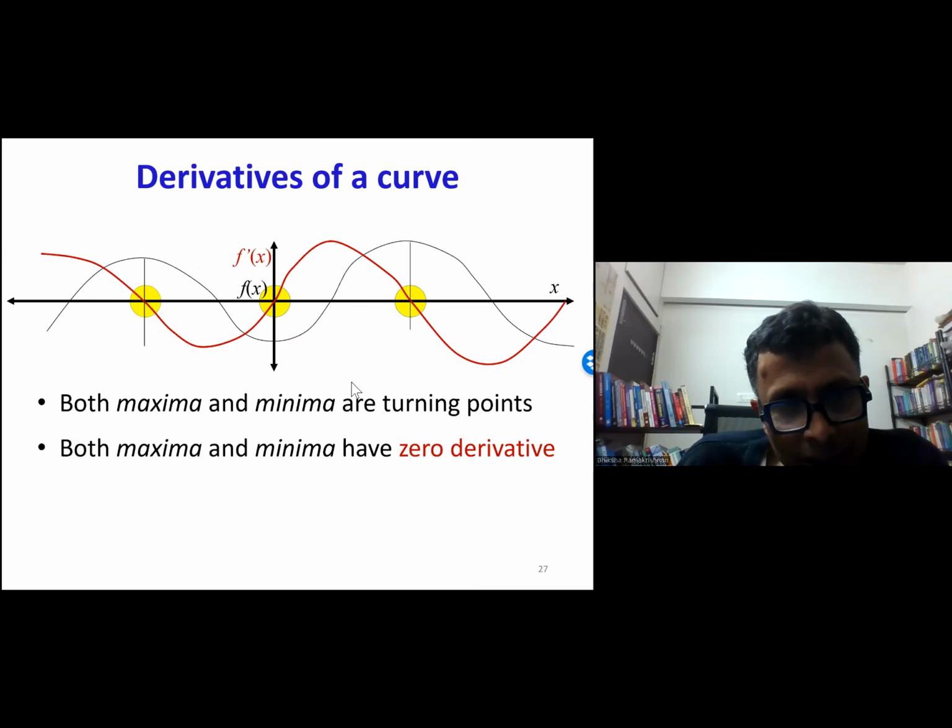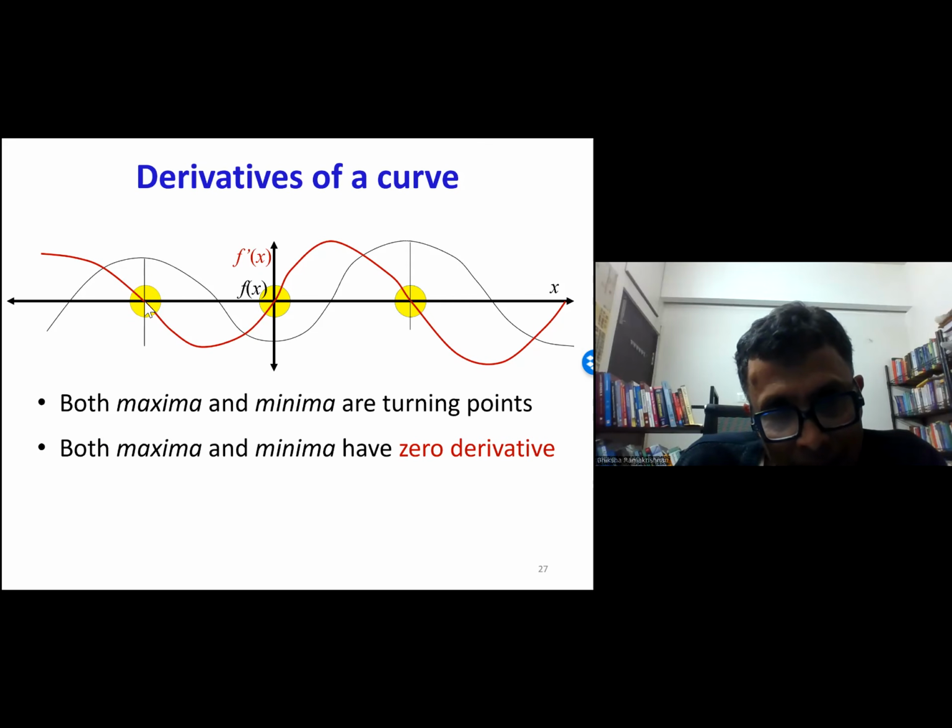This red curve plots the actual derivative of the function. Here the function is increasing until the maximum. If the function is increasing, will the derivative be positive or negative? It's going to be positive, right? So in this region the red curve is always greater than 0.